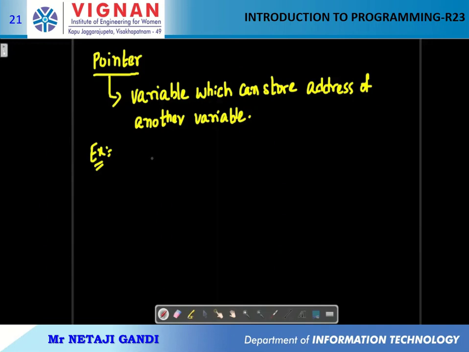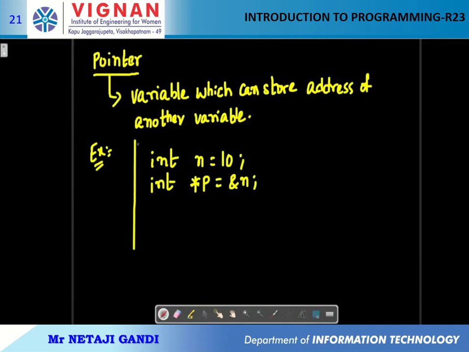Now consider int variable n is equal to 10. Okay. So this is a normal variable. And now let me consider a pointer variable. Int star p is representing a pointer variable, and now I am storing the address of n into this pointer variable.